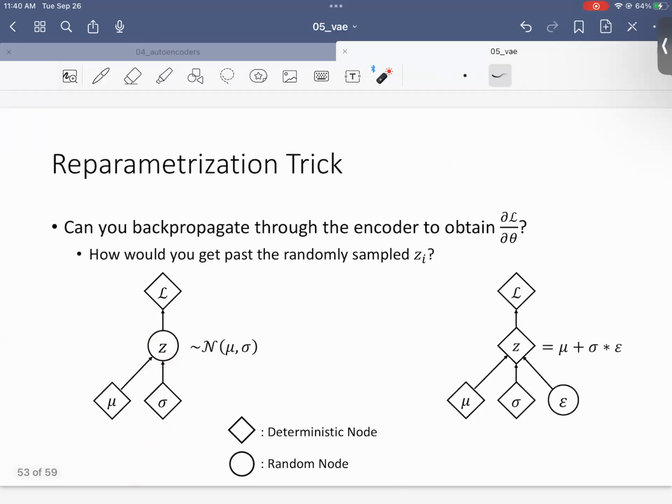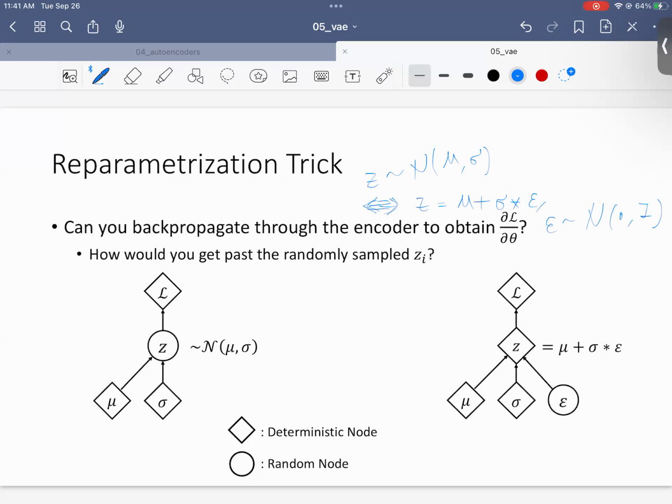So what you do instead is, if you think about the Gaussian distribution, a sample that follows a Gaussian distribution of a certain mu and sigma can be rewritten as mu plus sigma times a noise, so Z equals mu plus sigma times epsilon, where the noise follows a standard Gaussian distribution.